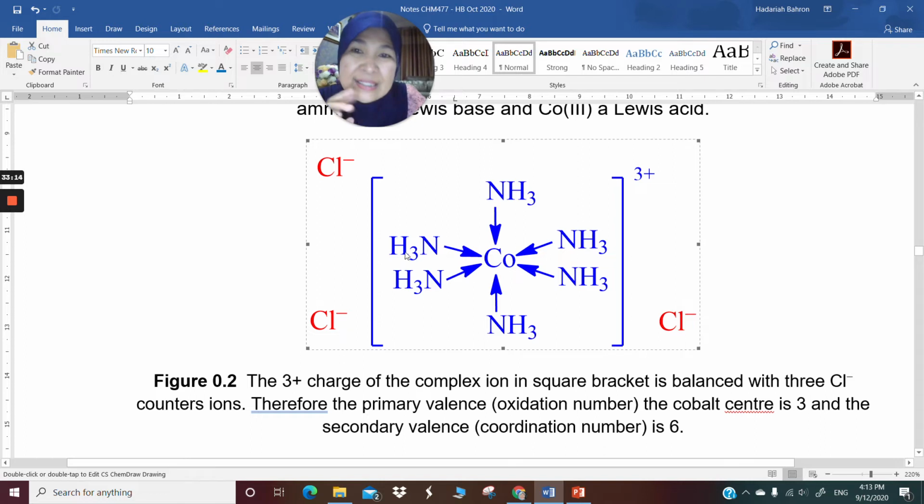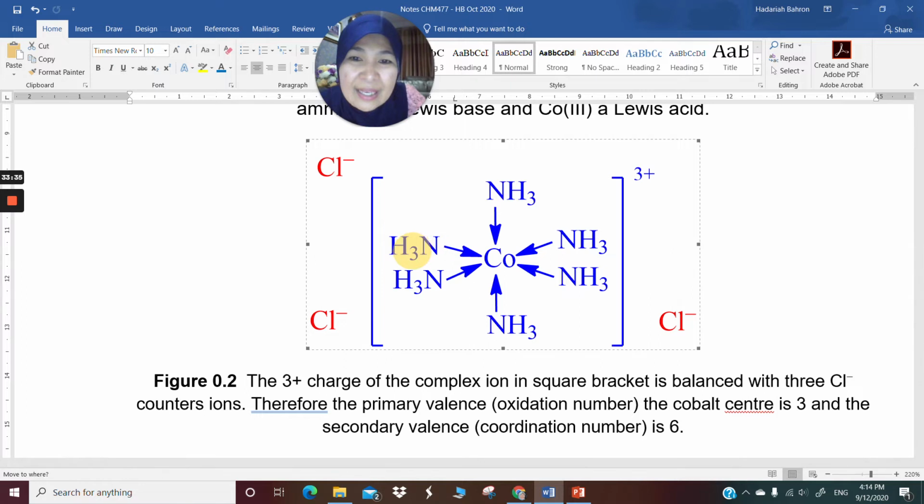Why do we write it as H3N? Because we would like this nitrogen to be closest to cobalt, because it is nitrogen which is the donor. It is not hydrogen. So if you draw N here, H3 here, that means you have drawn it wrongly.